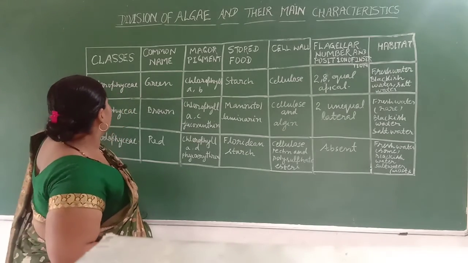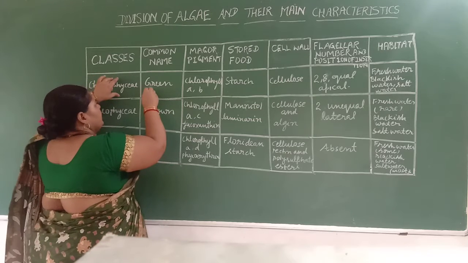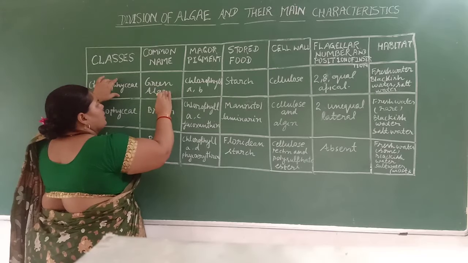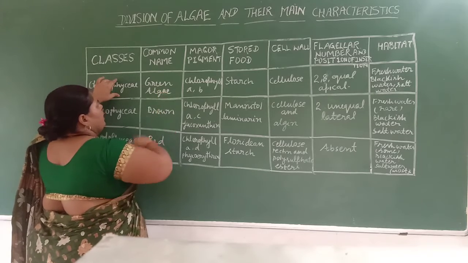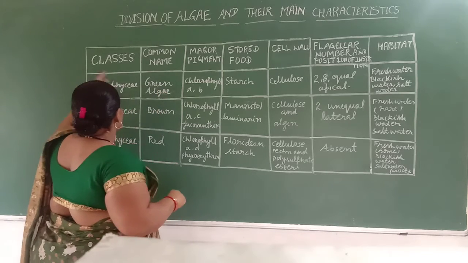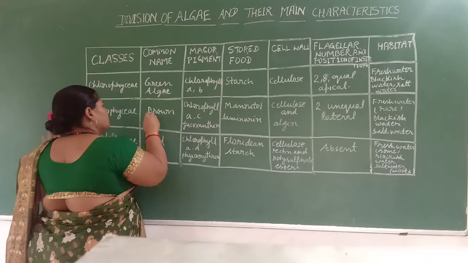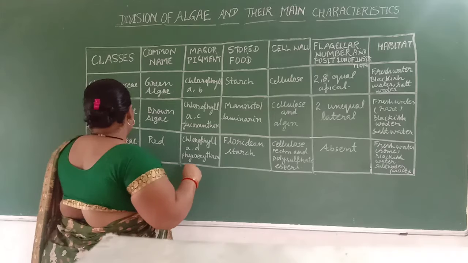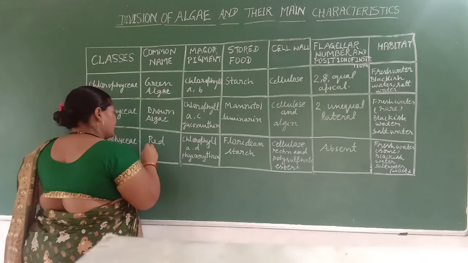The common name of the chlorophyceae is green algae, and the common name of the phaeophyceae is brown algae, and the common name of the rhodophyceae is red algae.